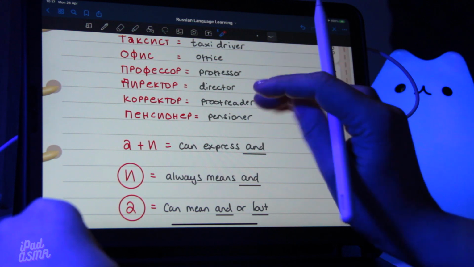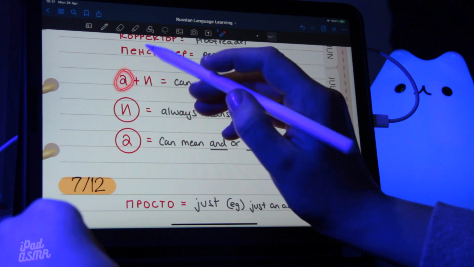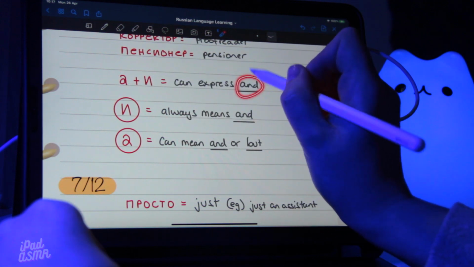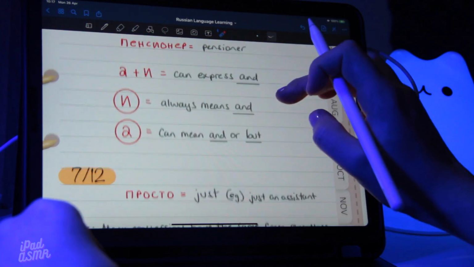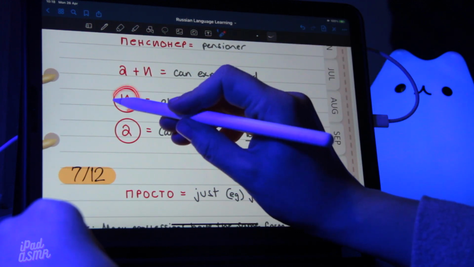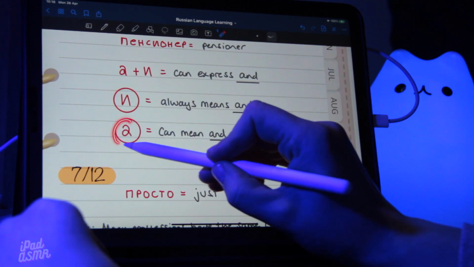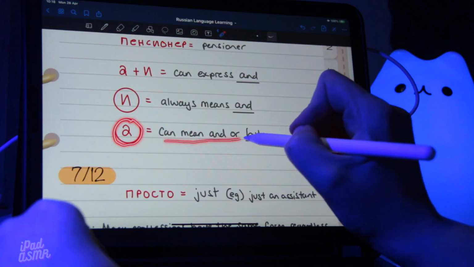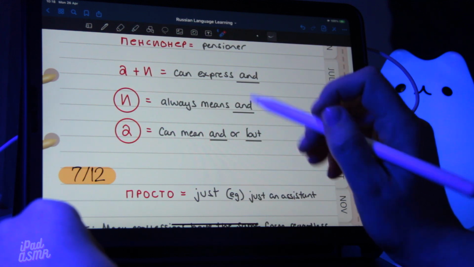Or retiree. And we know i can mean and, so i always means and. Can mean and or but.